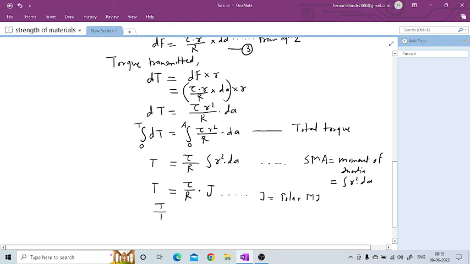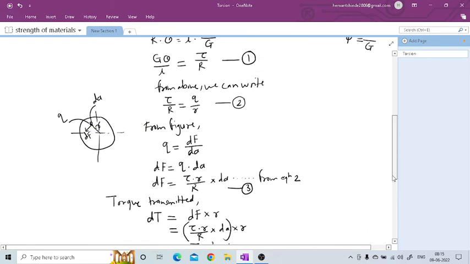Now transfer this J on the left side. So T by J is equal to tau by R. This will be the equation number 4. Now the last step of this derivation, just see equation number 4 and 2.